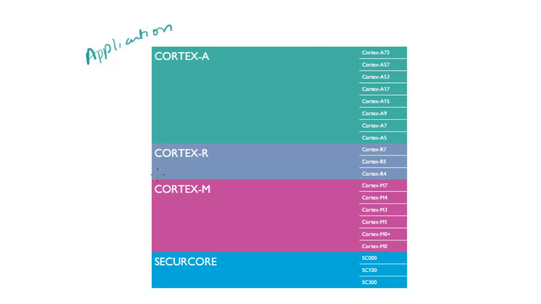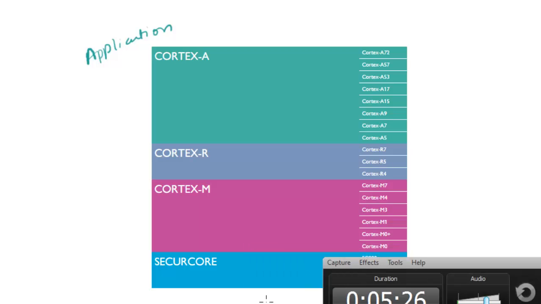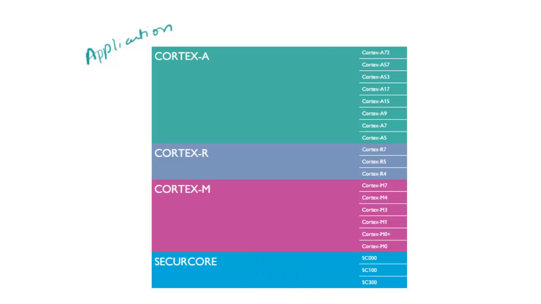So those are the Cortex R series processors, and an apt example would be automotive.